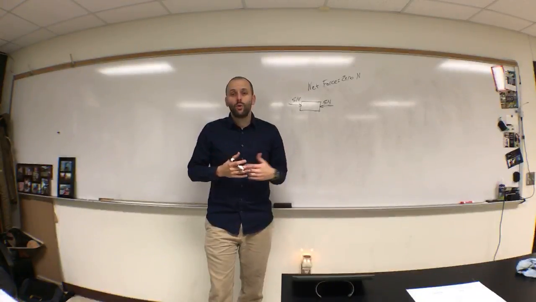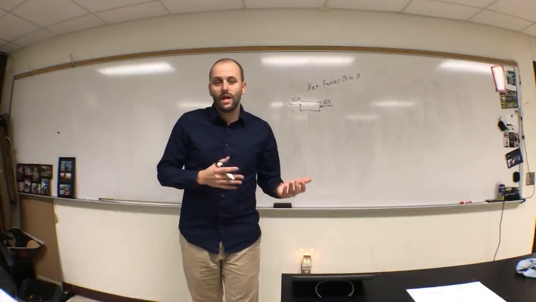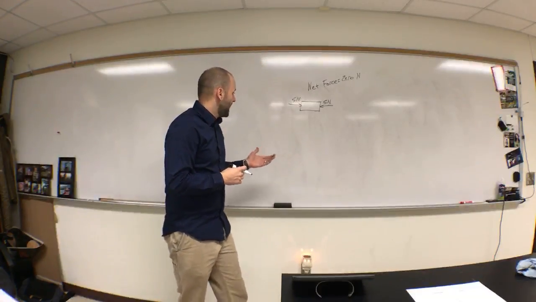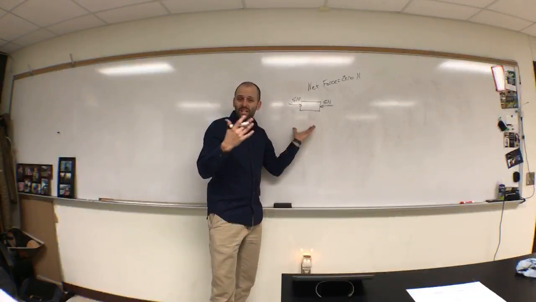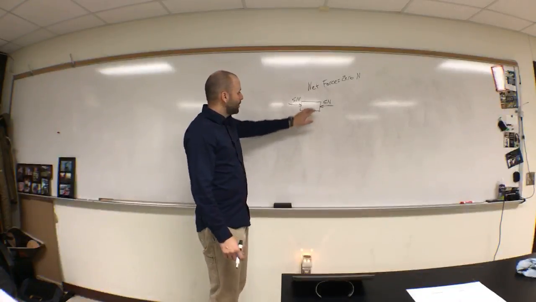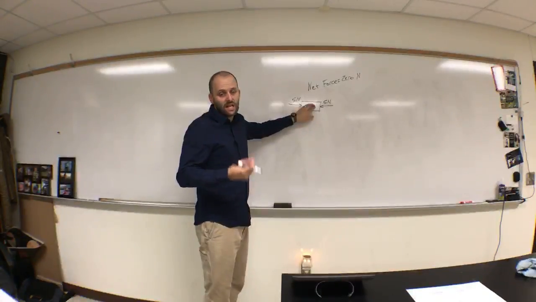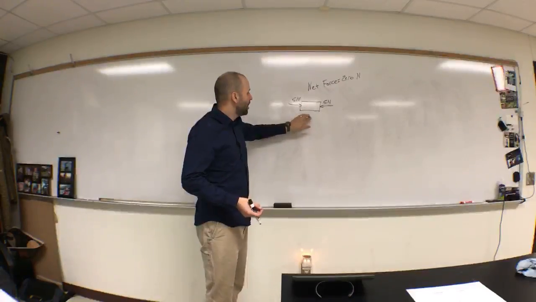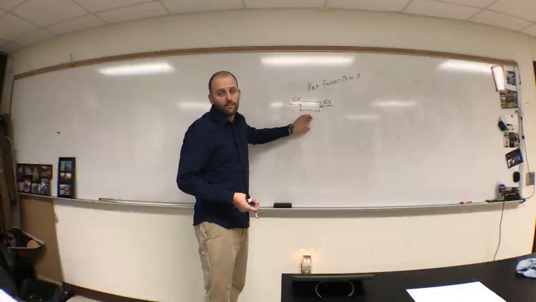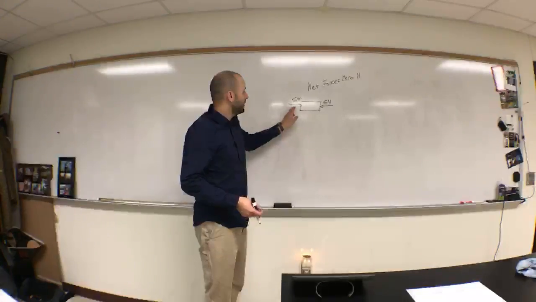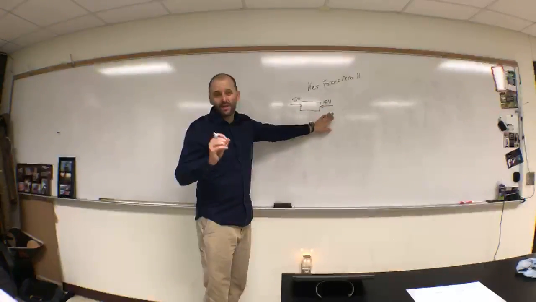And so that gave us 10, and we gave it the direction of the one that was greater. Well, in this case, they're equal and opposite, so we get a 0. This book could be moving at a constant rate, or it could be stationary. Either way, we know that it is in equilibrium because its net force is 0. If we add or subtract these 2 forces, we get 0.